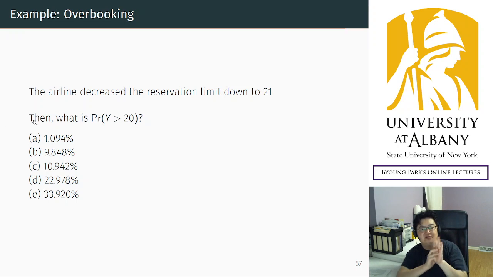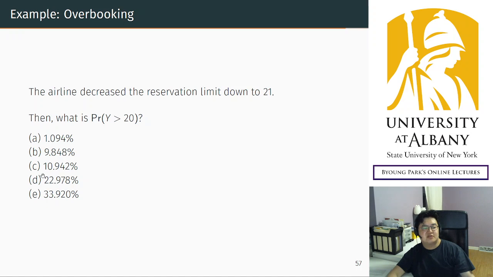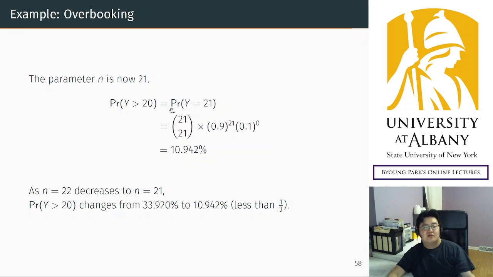1, 2, 3. The answer is 10.9%. So the answer is C. In this case, it is actually very easy because there is only one possible outcome that satisfies this inequality.